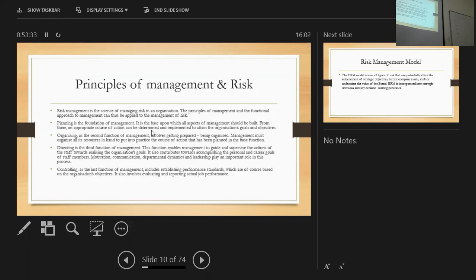Organizing sets a direction for the entity and therefore reduces a number of operational risks. Same as directing. Directing also gives us a pathway of how we have to walk as an entity. And since we have a pathway, we can easily identify where the risks might lie.